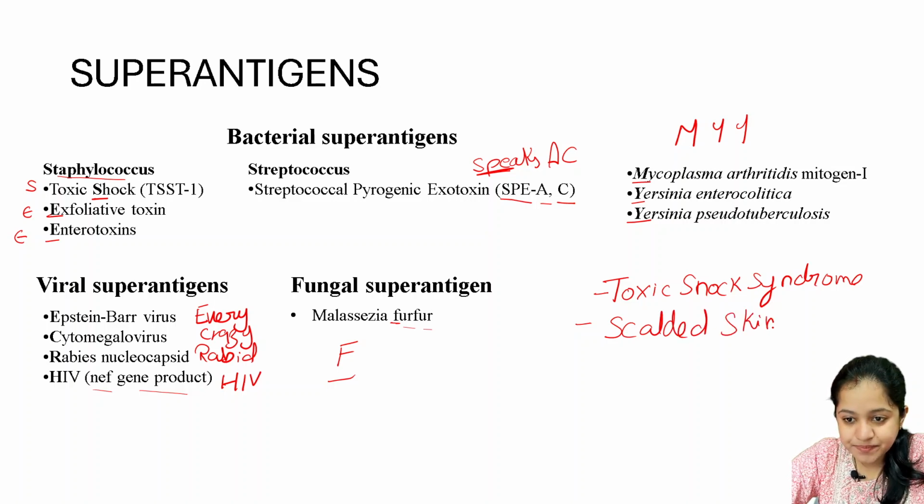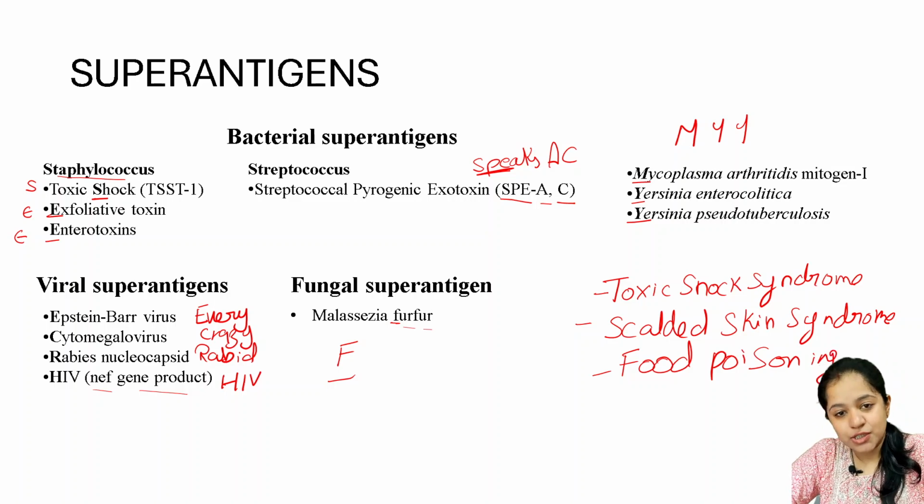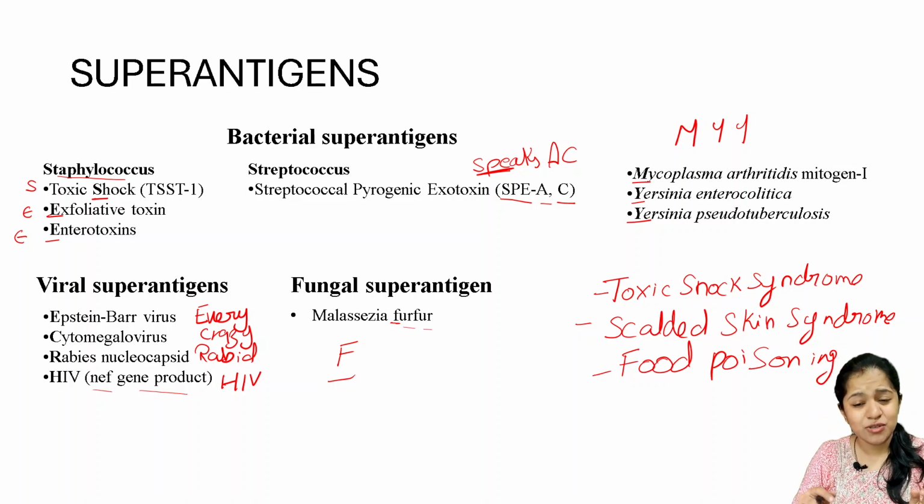Clear? Enterotoxin will cause what? It will cause food poisoning, right? Similarly, we have other diseases which can happen due to your super antigens like atopic dermatitis, Kawasaki syndrome and many more. But this is the list which you should remember.